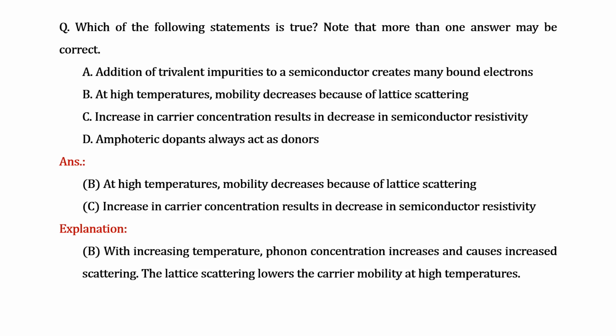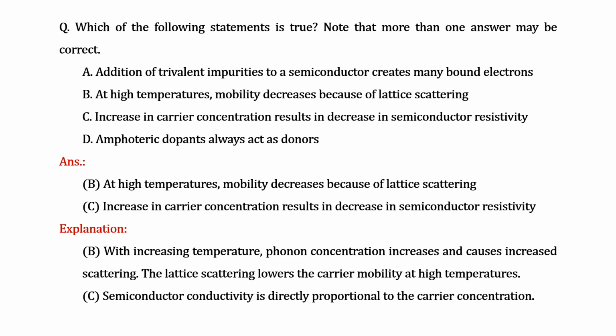But at the same time, the number of collisions that these carriers undergo will also increase, and these carriers will also collide with the lattice of the material, so lattice scattering also takes place. Therefore, when temperature goes to a very high value, it lowers the carrier mobility because of the scattering phenomenon.